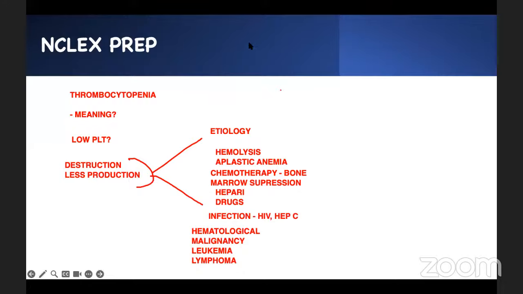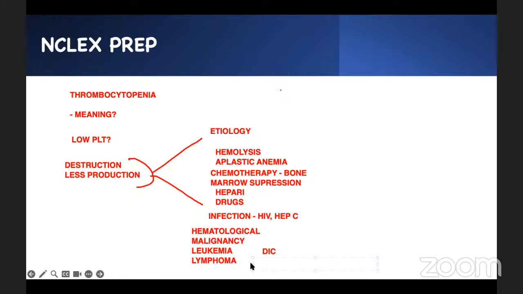DIC, excellent. I like that. Okay. I like the spirit here today. DIC. This can lead to destruction of the platelets, disseminated intravascular coagulation. What else? Anemia is a cause of it. Anemia doesn't cause the platelet problem. Anemia is something that is causing it. So that's not the issue.